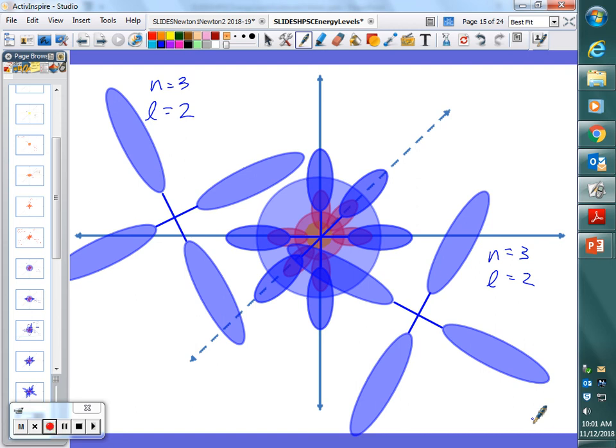Now, Kendall, applying that idea, possible M values go from -L to +L. L is 2 when we're talking about dragonfly orbitals, right? So the lowest possible value for M would be what? -2. The highest possible value for M would be what? +2.